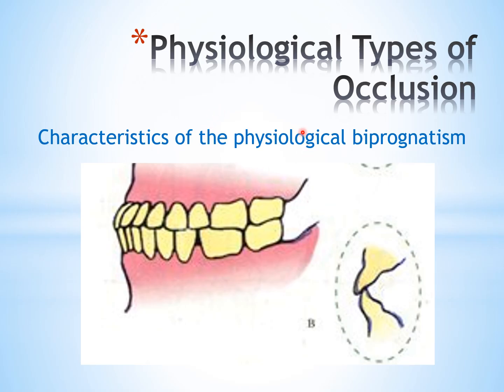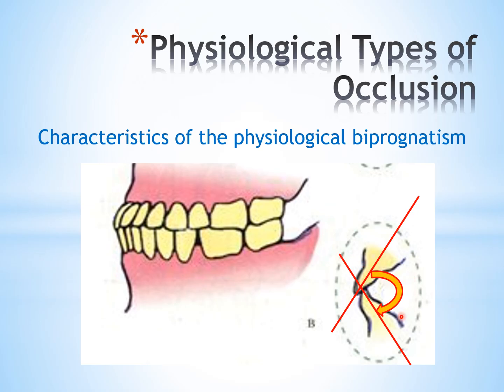Opposite situation, physiological biprognatism. Similar situation. The correlation between upper and lower buccal teeth is the same, but frontal teeth are proclined, tilted forward. But please notice, without spaces, without tremors and diastemas.